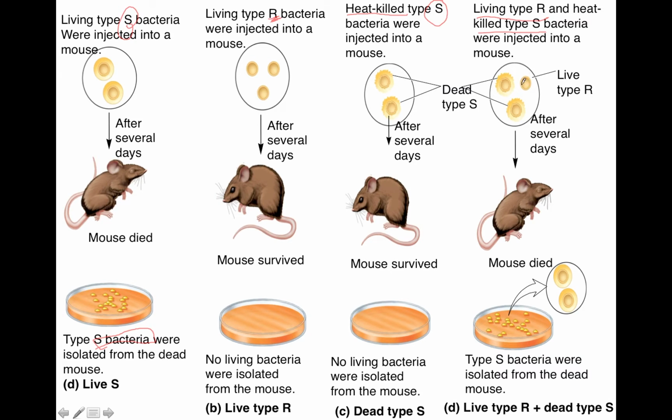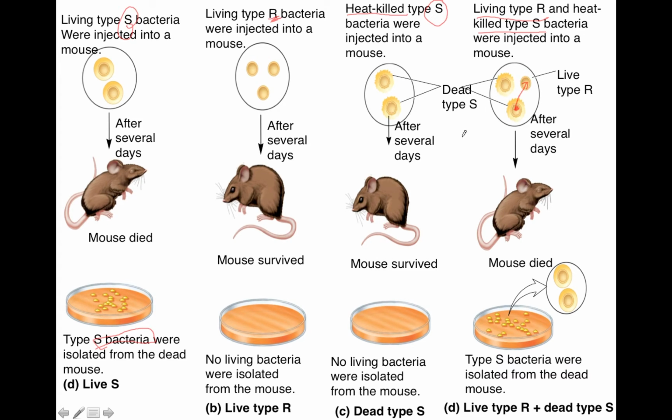Well, what's happened here? This is not a Frankenstein experiment. We didn't resurrect the dead S bacteria. What happened was some kind of molecule that was present in the S bacteria that made it an S-type bacteria was transferred to the live R bacteria.